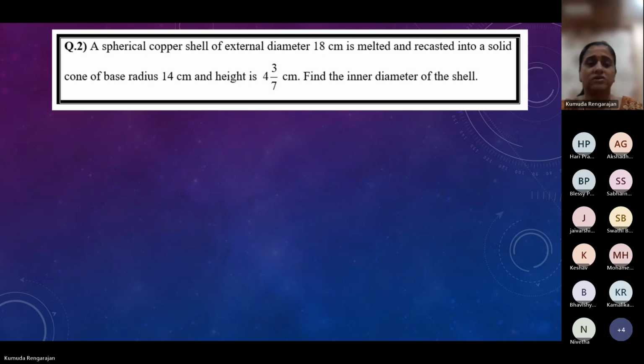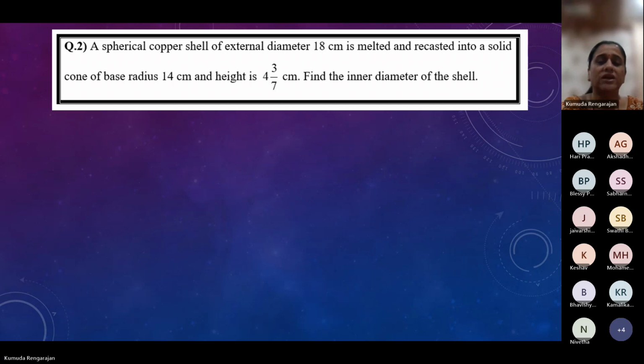Because this shell is melted and all the copper material which was in the shell goes to form the cone. There is no wastage in the process because nothing is given to us in the question, so we assume that there is no wastage in the conversion process.